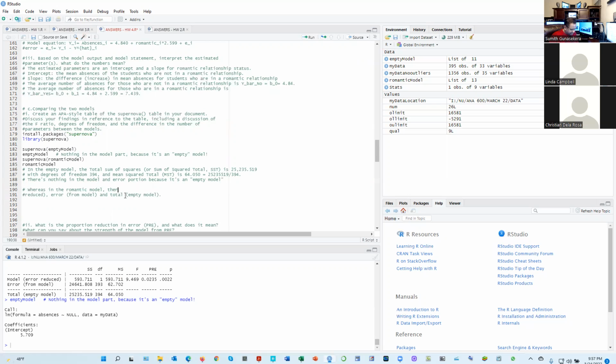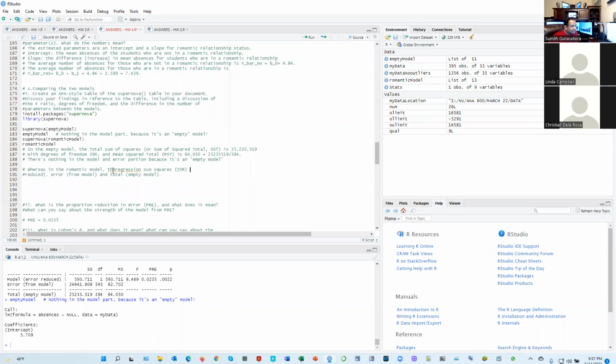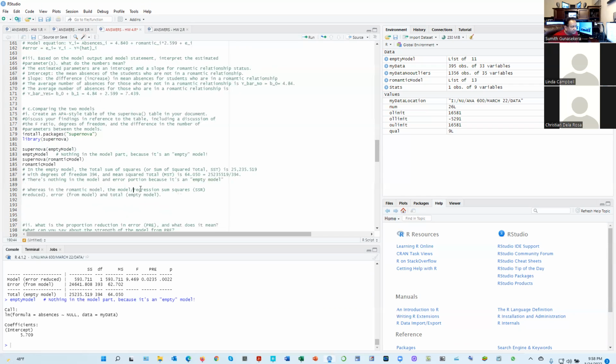regression sum of square, which is SSR, the model sum of square.